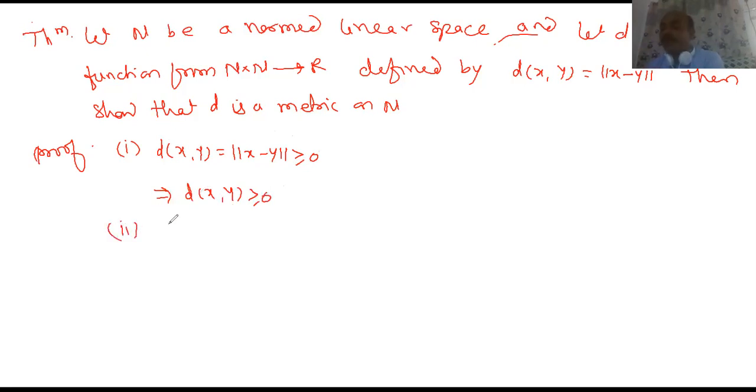Second one: d of x, y is equal to 0 if and only if x is equal to y. The definition of d of x, y is norm of x minus y, so substitute there: norm of x minus y equals 0.